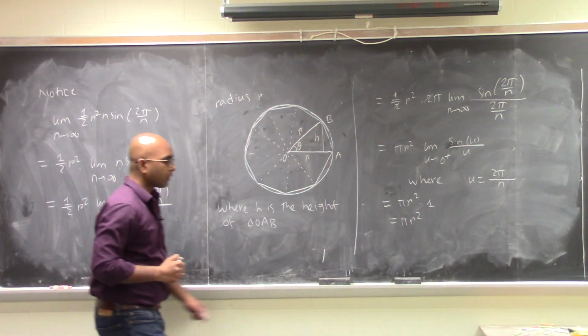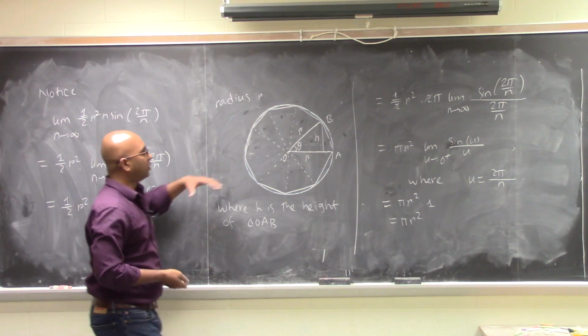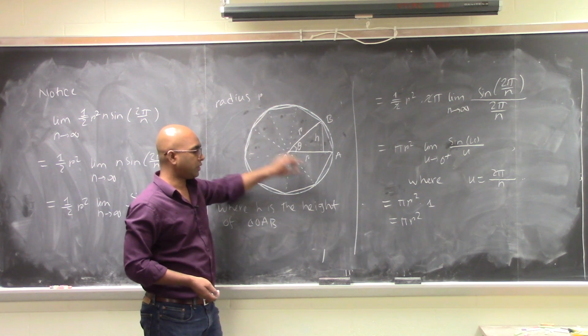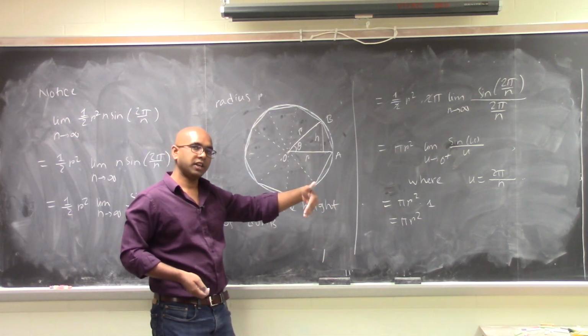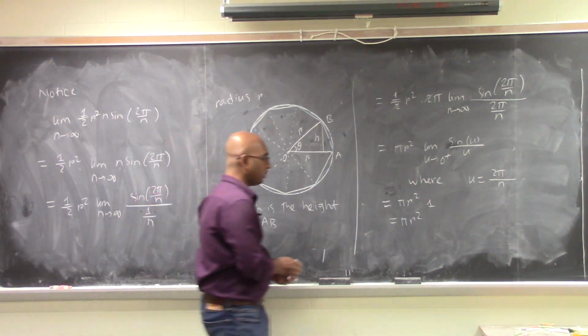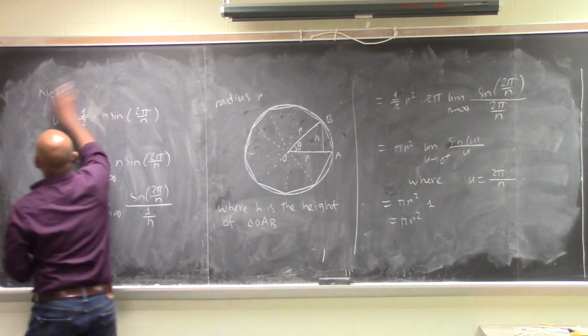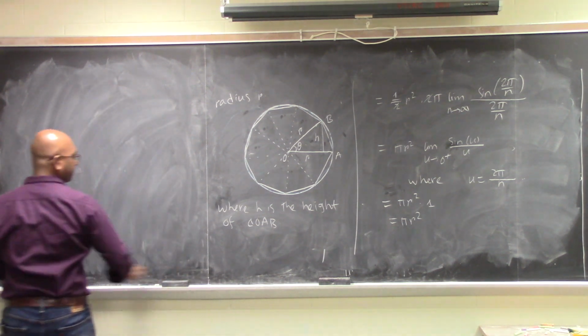Okay, so what we got? We got that the limit of those regular inscribed polygons is pi r squared, and that limit is less or equal to the area of the circle. We had some inequality written here, so we get this.